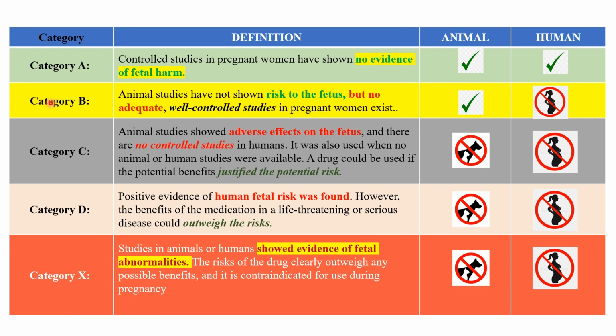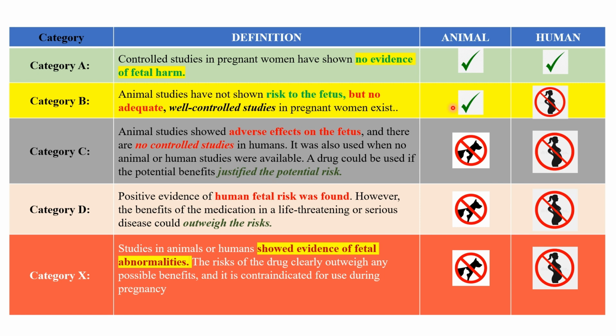Then what is category B? In category B, the animal study shows that there is no risk to the fetus, but we don't have an adequate amount of clinical trials in pregnant women. In simple language, we don't want to take a risk because we found that it is safe in animals, and based on that we think that we can go with human beings also.